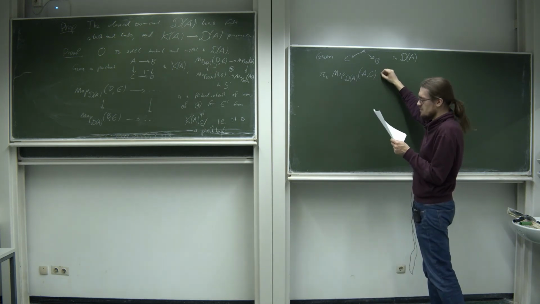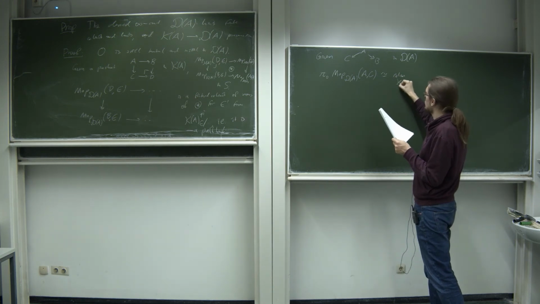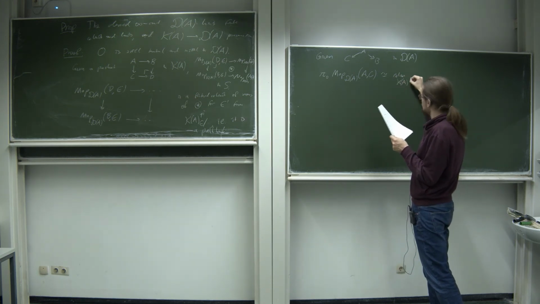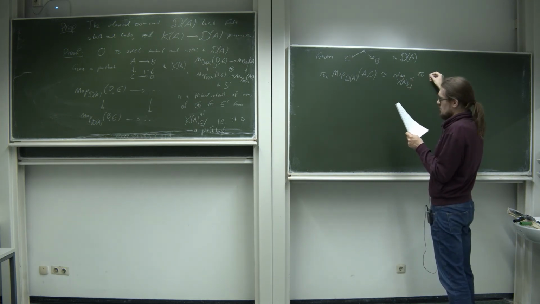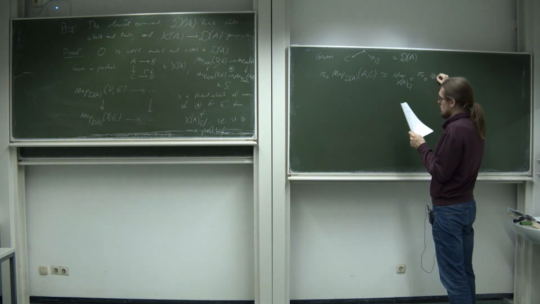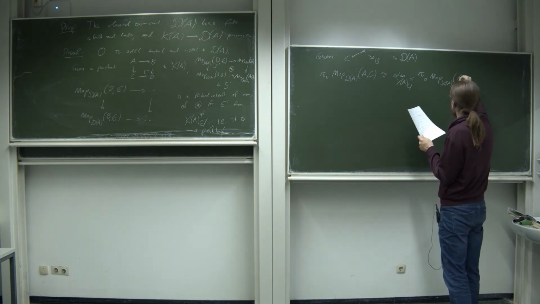So somehow this description of mapping spaces gives you the same kind of colimit formula on pi 0 of mapping spaces, on equivalence classes of maps.